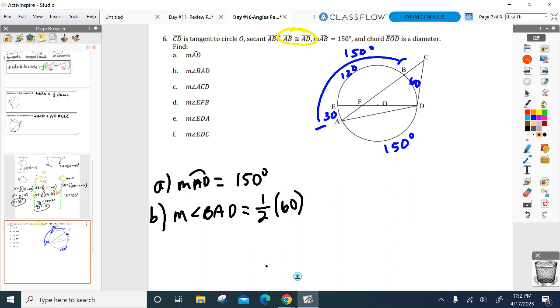See how we already know it. It's not like, oh, I have to find BD now and go back and find the arc. You know it already. It's there. Nice and quick, 30 degrees. Some of you guys that weren't here Friday before break: anytime I find a part of a multiple part question, I put it in the diagram because you never know, you may need it later on. All right, good deal. Let's go to C. What do I got? ACD.